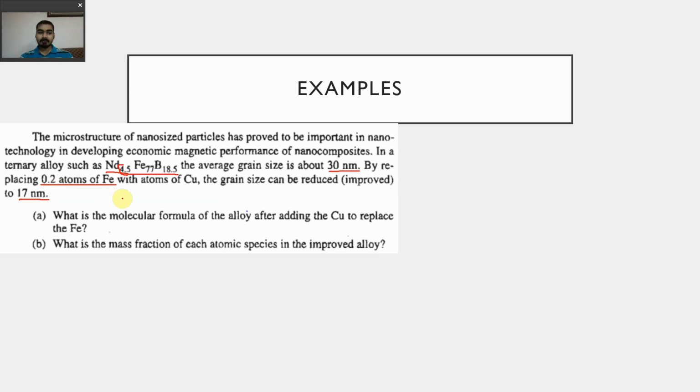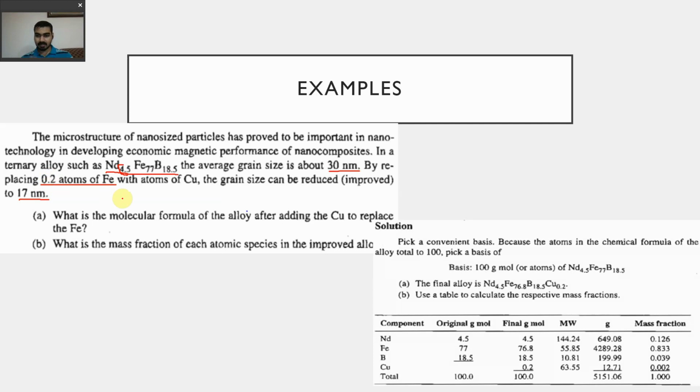So the new formula will be Nd 4.5, Fe 76.8, B 18.5, Cu 0.2, because that is what iron is removed, copper is added. So this will be the final alloy formula.